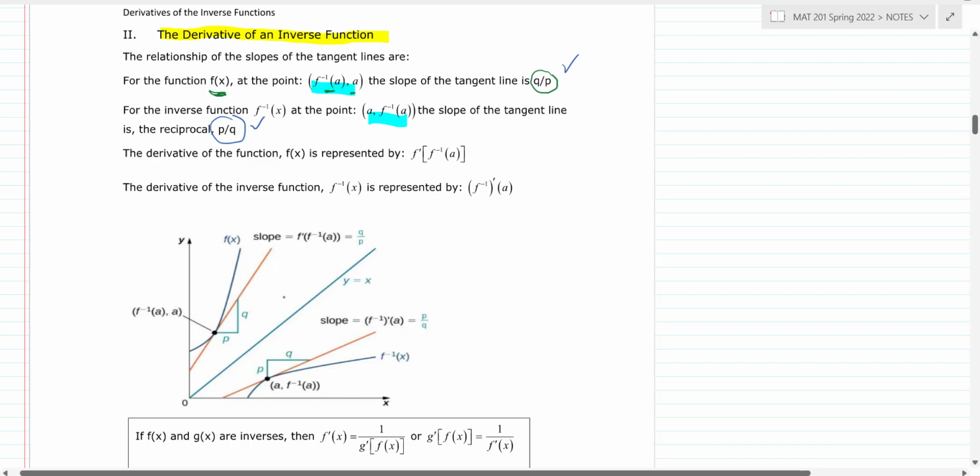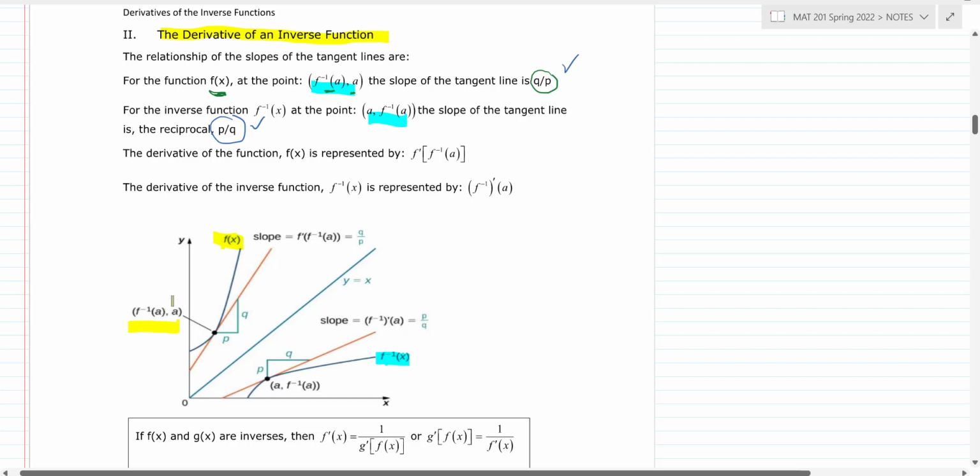All right, so here's a diagram right here. So notice they have, this is f of x. This is our function right here. And then this is the inverse. And this has that same kind of relationship we talked about. It's symmetric about y equals x. And we're just picking some kind of arbitrary points on here. So this point right here, we're representing this with an x and y value.